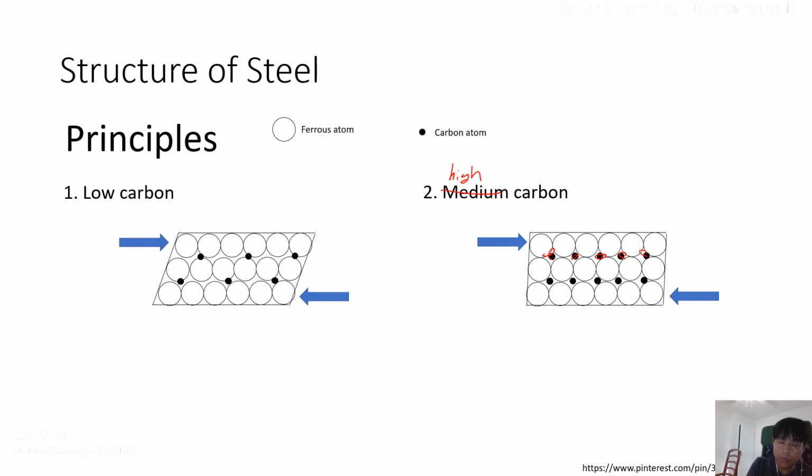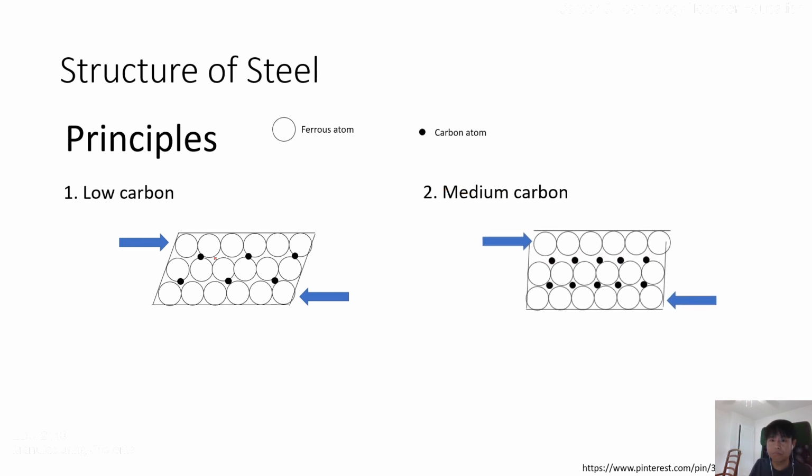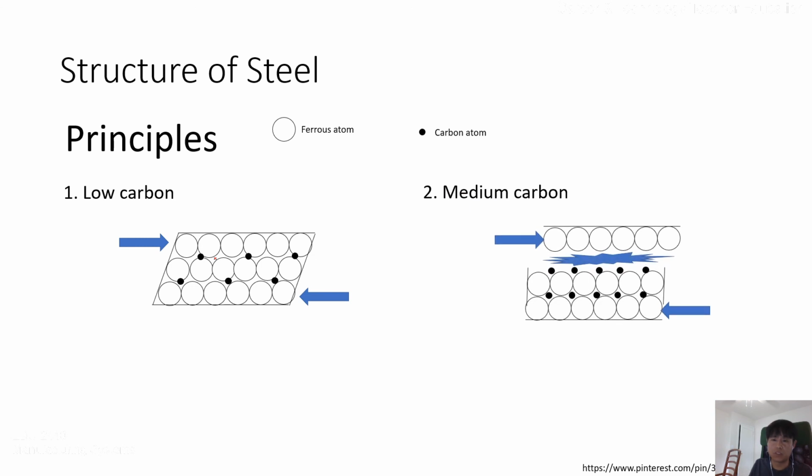But low carbon is more likely malleable than high carbon because there is more space to move, to react to the outer forces. And then if we push with more power, it breaks, right? We can see this example from cast iron.